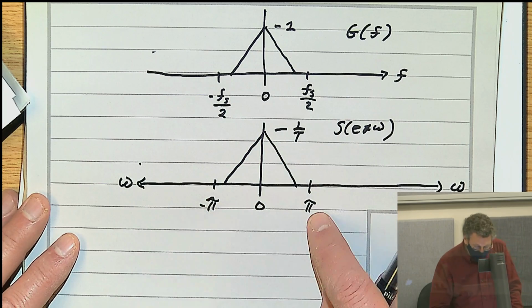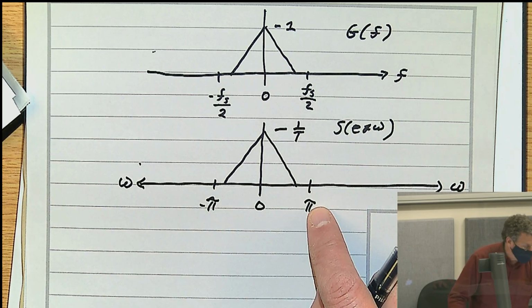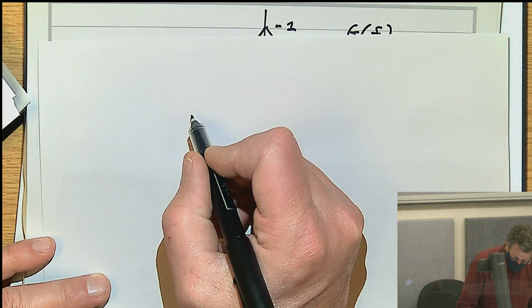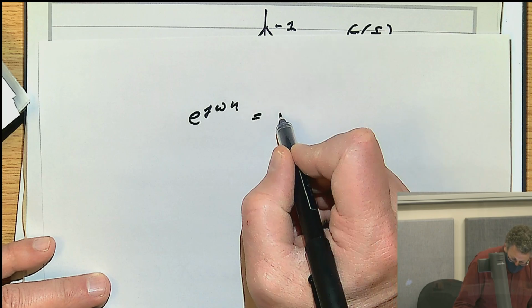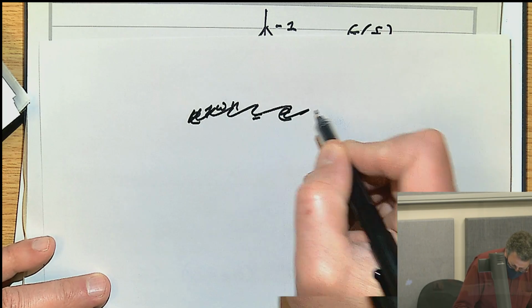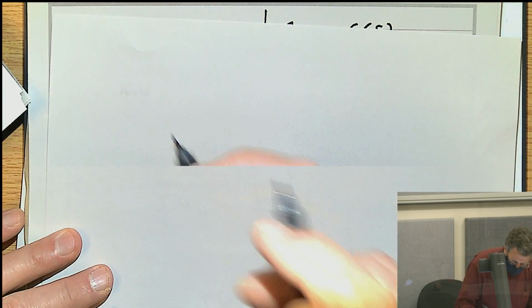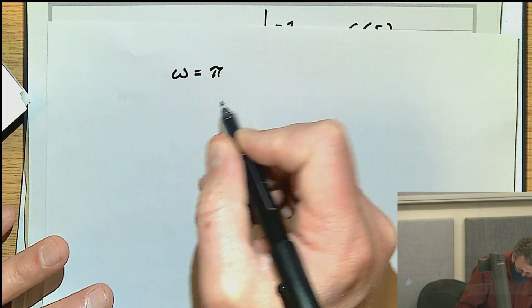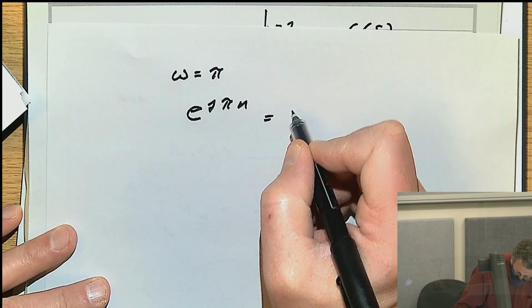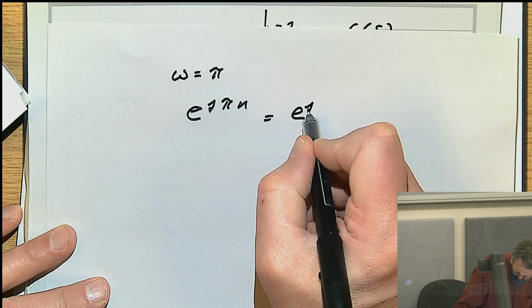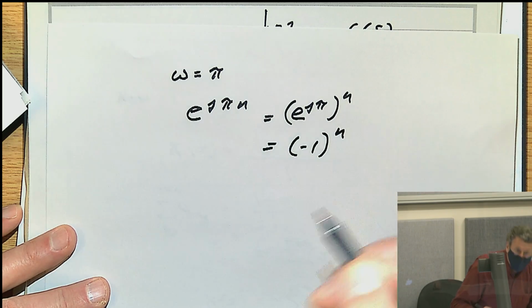Remember, pi is the highest frequency you can ever have. I did this before, I think. If you have omega equals pi, e to the j pi n is equal to e to the j pi to the n, which is equal to minus 1 to the n.